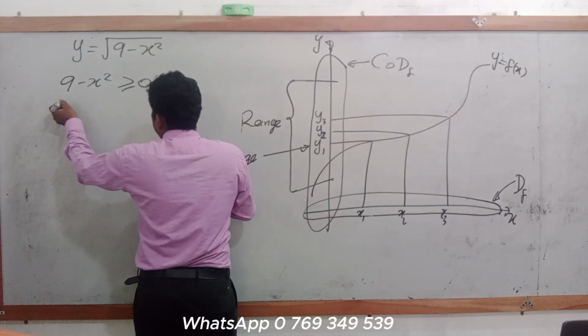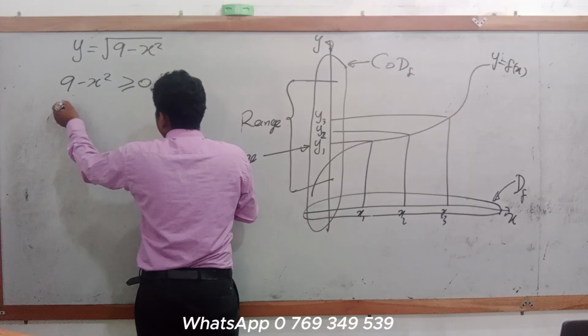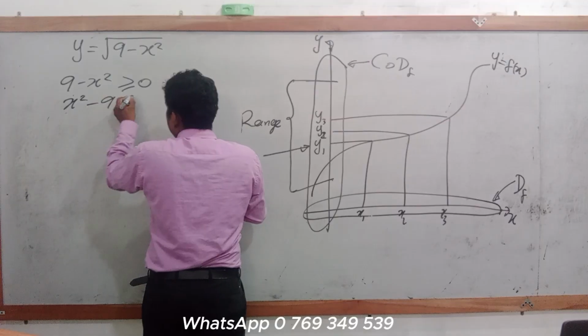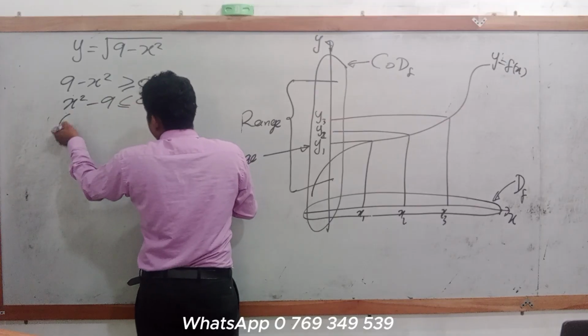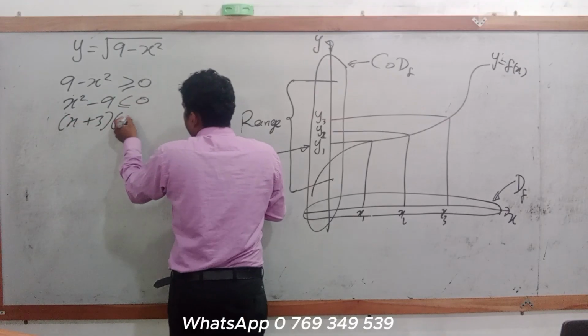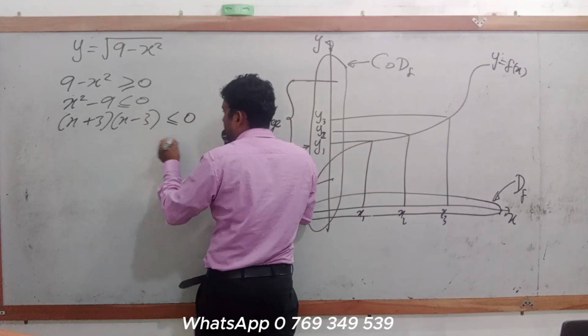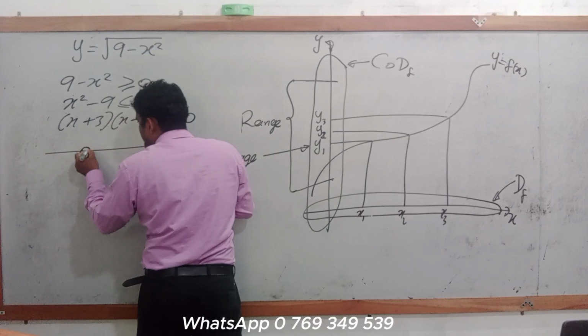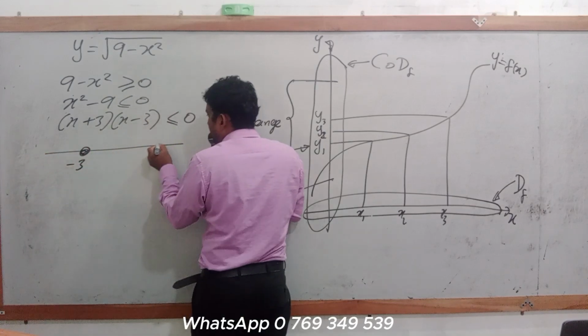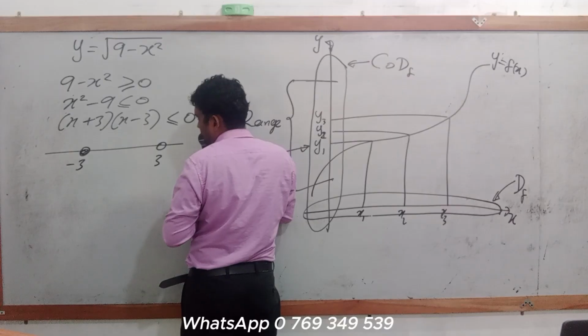Then x square minus 9 is lower than or equal to 0, that is x plus 3 times x minus 3 is lower than or equal to 0. Then we can take the range here, minus 3 and here 3.